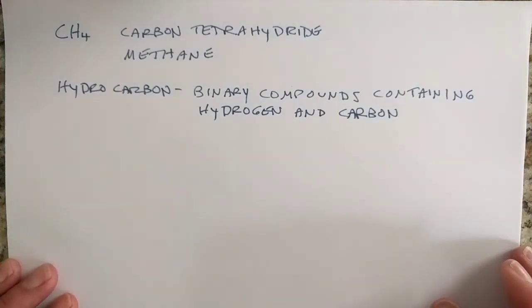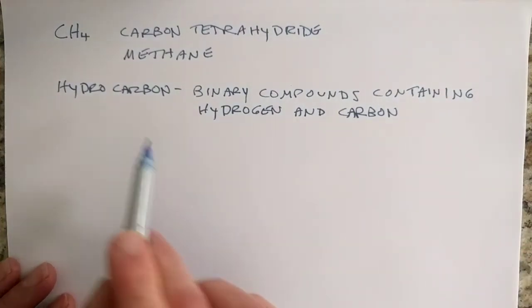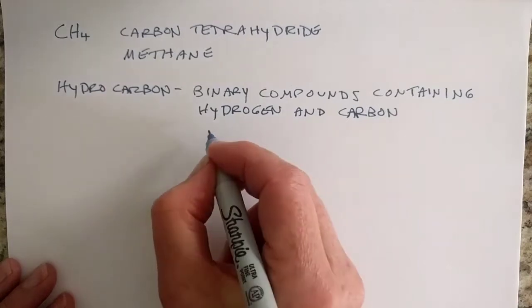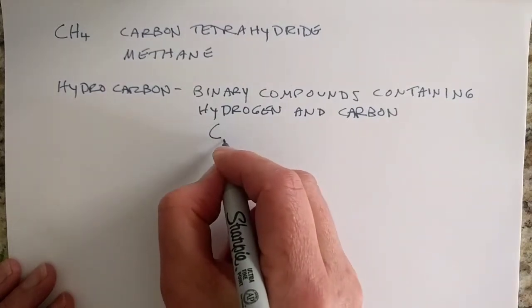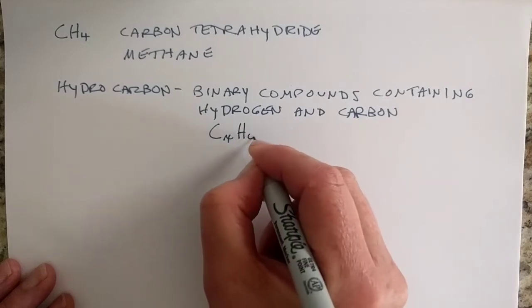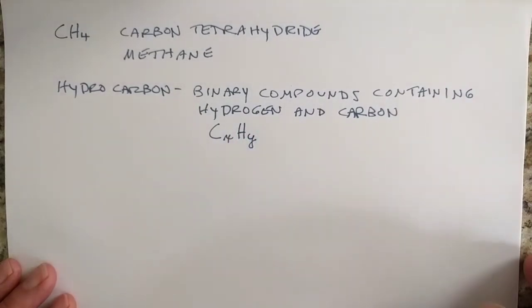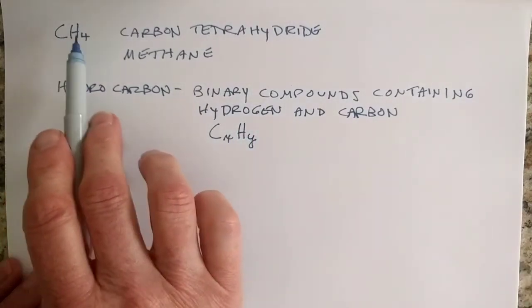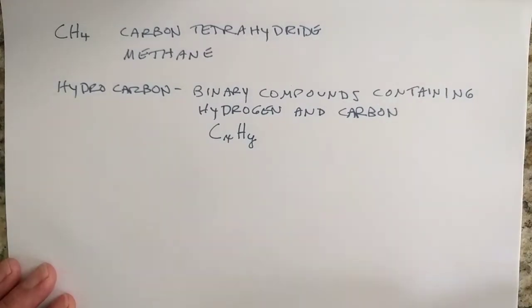When we do the formula of a hydrocarbon, even though the name is hydrocarbon, we always put the carbon first. So our formula would be CxHy, meaning some number of carbon atoms and some number of hydrogen atoms. So x would be 1, y would be 4 for methane.